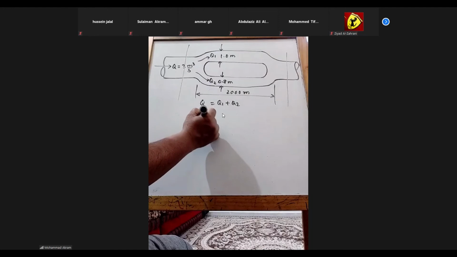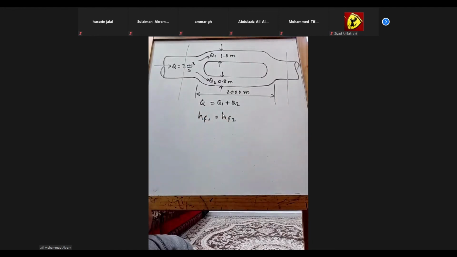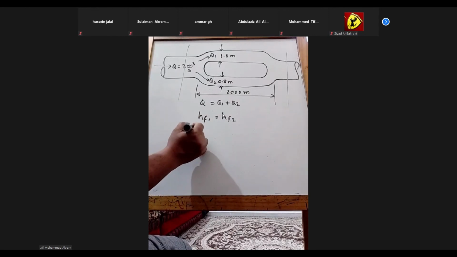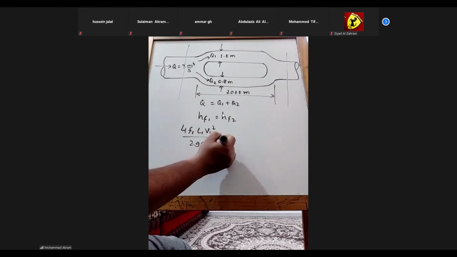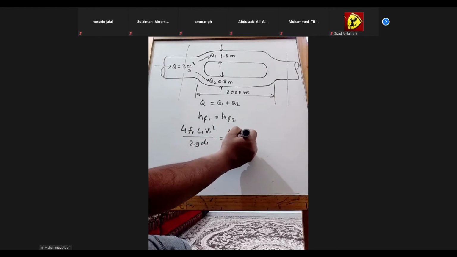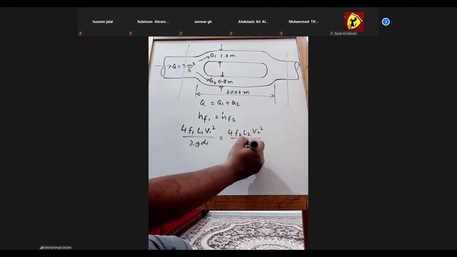So HF1 is equal to HF2. 4 F1 L1 V1 square divided by 2G D1 equals 4 F2 L2 V2 square divided by 2G D2.